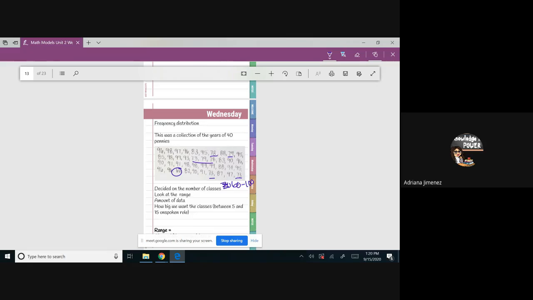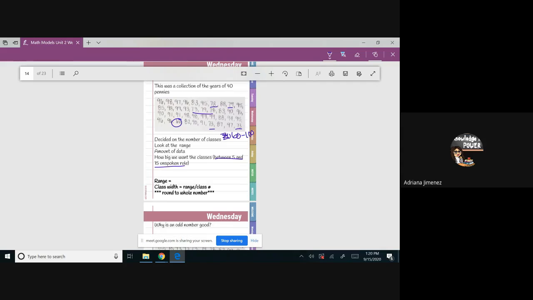All right, so you do the range, and you decide how many classes. Remember, classes are how many sets you want on your distribution. So you can divide it by any number you want. She said between 5 and 15 is the unspoken rule because you don't want to have too many. I think on the actual problem they did 7.